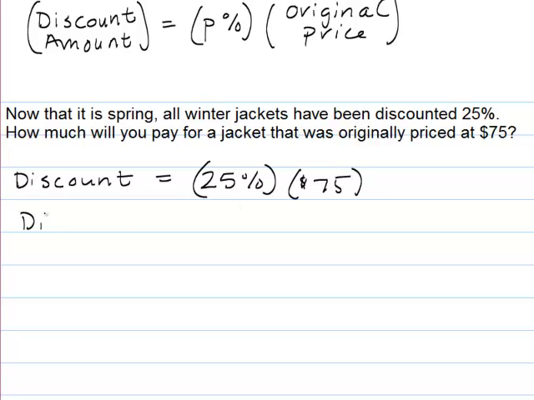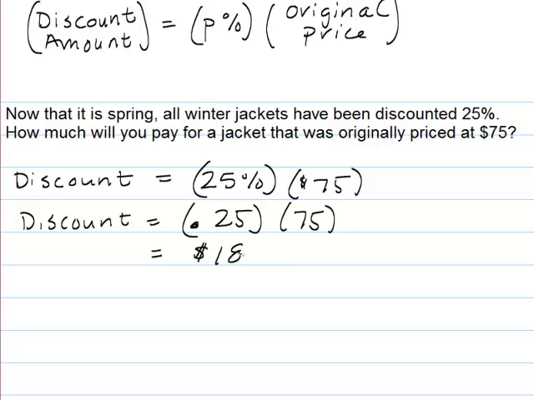Okay, so again, the discount would equal, we change this to a decimal, 25 hundredths multiplied by $75. This then would equal $18.75. We take 25 hundredths and we multiply it by 75, and we get $18.75.